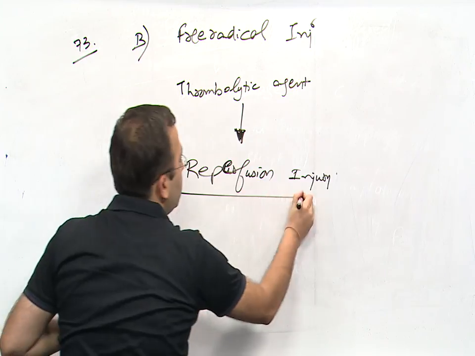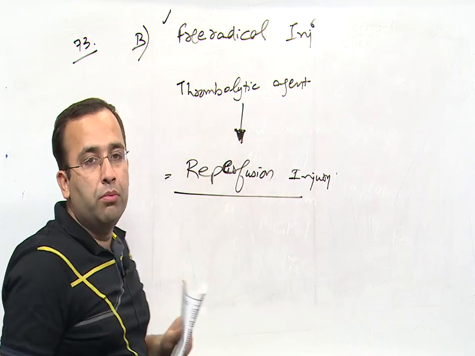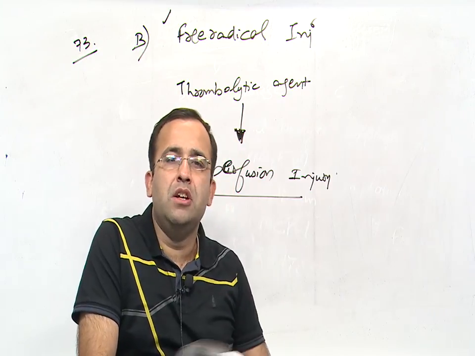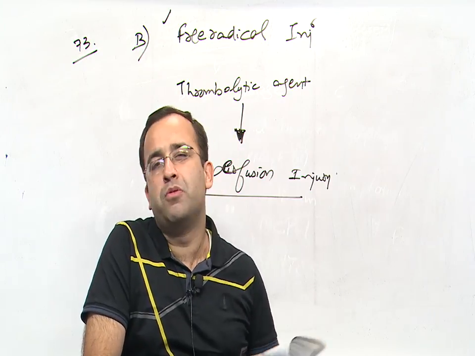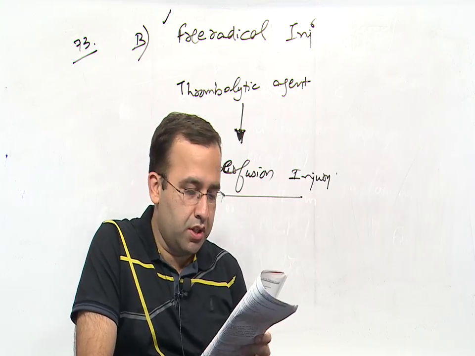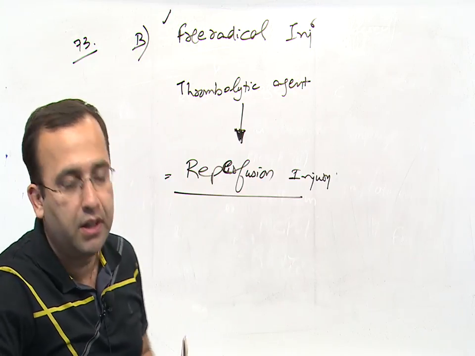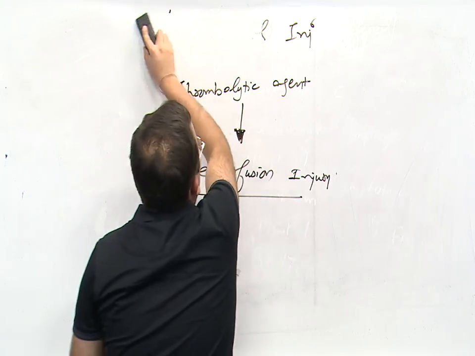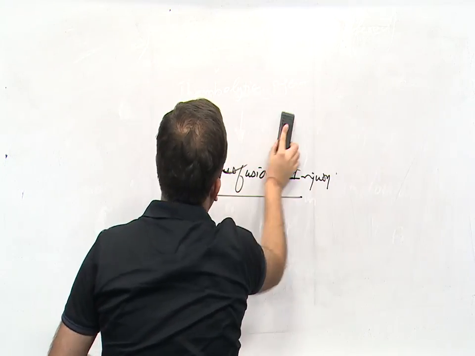So after a thrombolytic agent, it is going to be a free radical injury. The other options were extremely out of the question, because apoptosis is programmed cell death, that's not going to happen. Heterophagocytosis, no, and why would squamous metaplasia take place? So answer was obvious, free radical injury. Next.